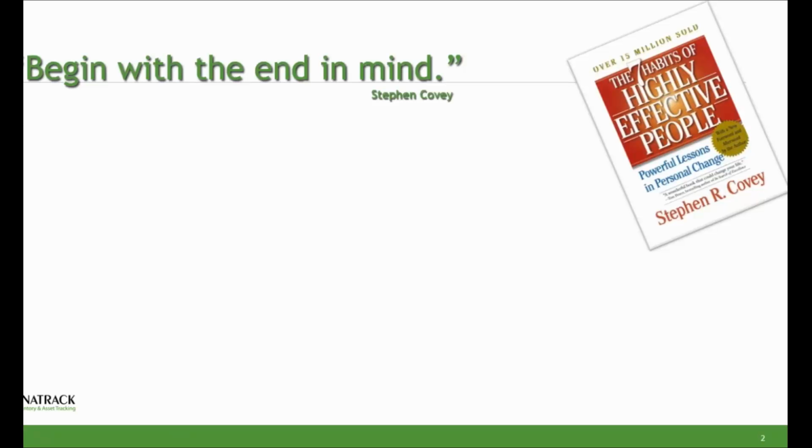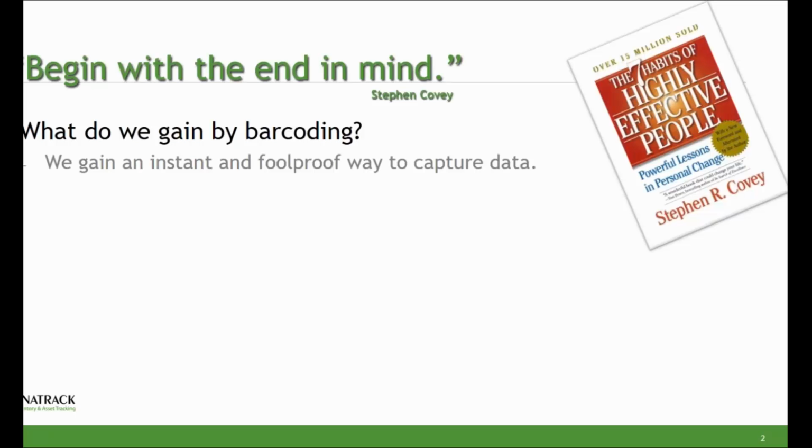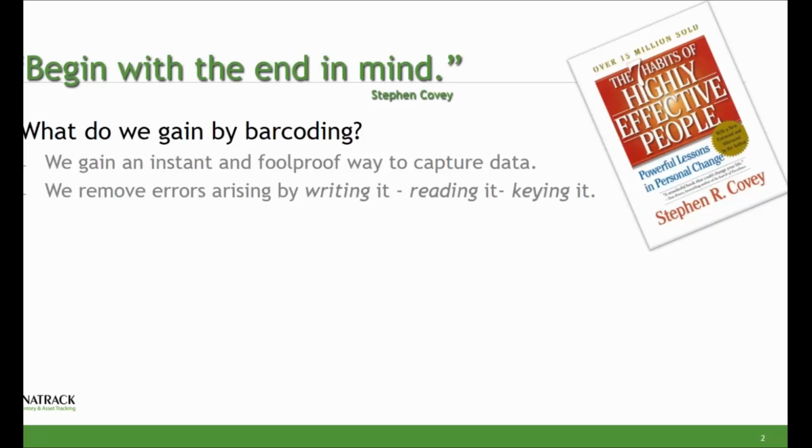So the first thing I want to do here is begin with the end in mind and consider the question, what is it we're attempting to gain by barcoding? The thing that we're really trying to get at here is an instant and foolproof way to capture data. We want to be able to remove errors that arise typically whenever someone takes a document and writes on it and then reads it and then later goes to another computer and keys it in order to capture the information that was originally part of an action that probably occurred several minutes or hours ago.